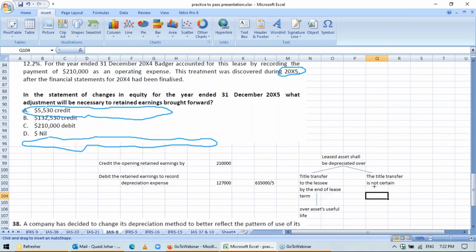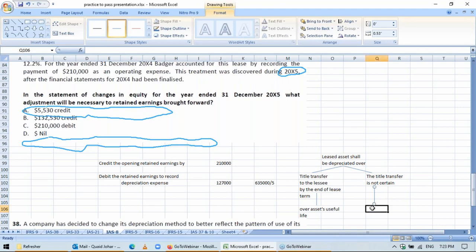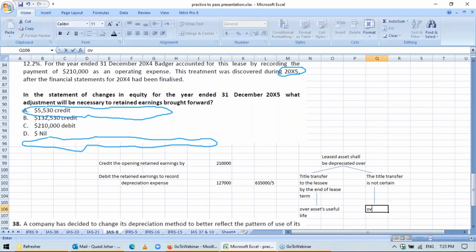you will divide the right of use over the lower of the asset's useful life and lease term. We'll divide over the lower of useful life and lease term. What happens here in this question?